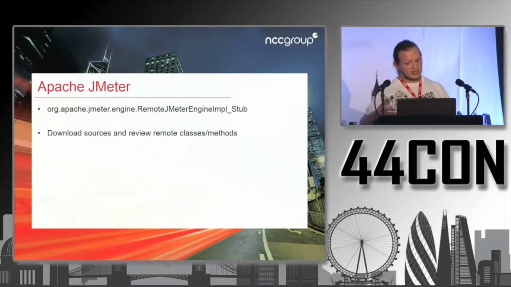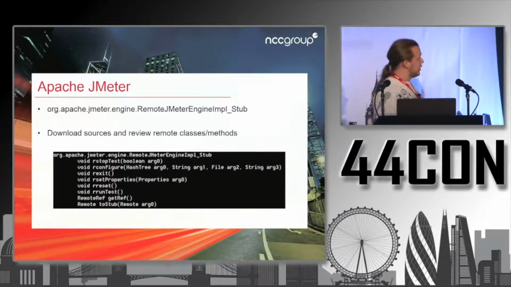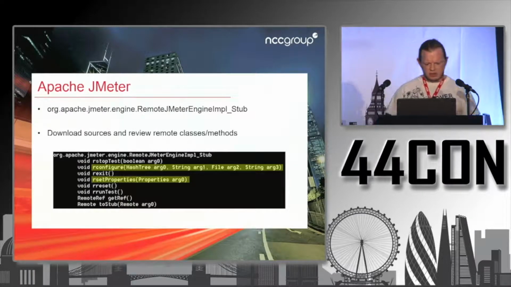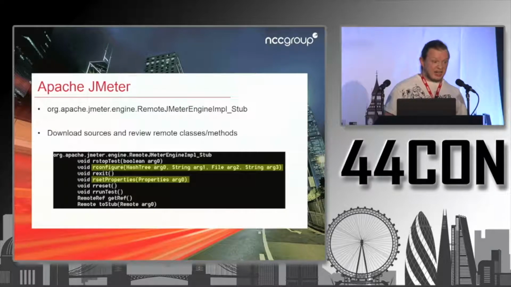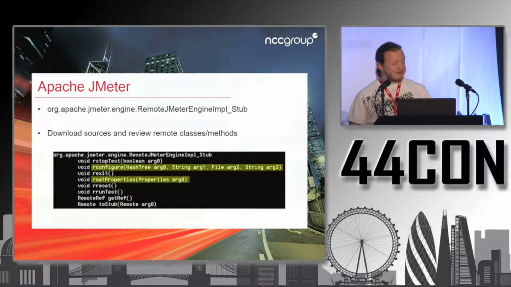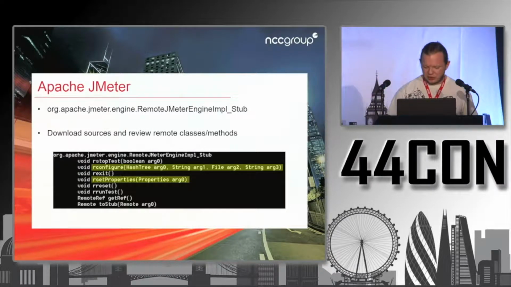So the public methods of that class can be called remotely. So this is a list of methods that we've got, and the ones that stood out to me, it looks like anybody can configure that service or set the properties. Again, I have no idea what JMeter does, but it's another example of insecure use of RMI.